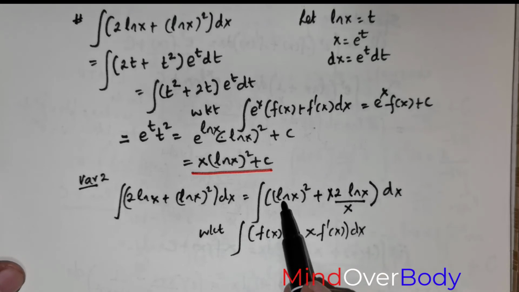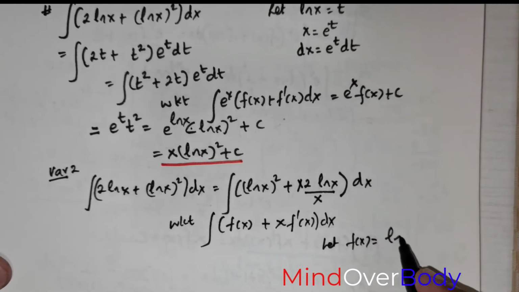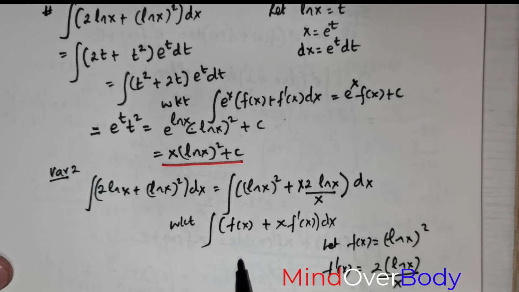So if I have this to be my f of x, the question is, if I were to differentiate this, there's going to be 2 times ln x times the differential of ln x, which will give me 1 over x. So clearly you can see f of x added with x times f dash of x is exactly what is present here.